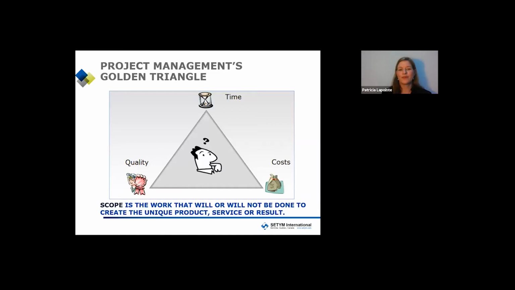All right, so we call it the project management golden triangle. Every project has constraints, and the key constraints are always limited to cost, time, and quality. If we had all the money in the world, it would be great. We could achieve a lot, but the reality is that we have limited funds, and sometimes, for political reasons or for other emergencies, we have limited time.